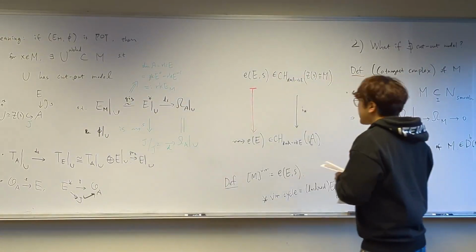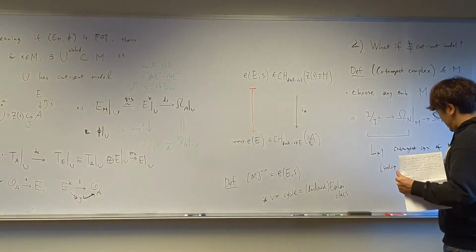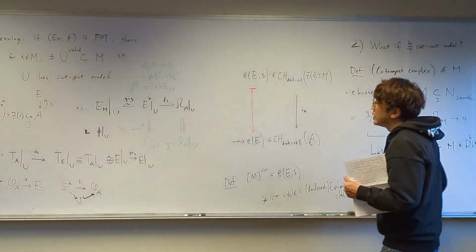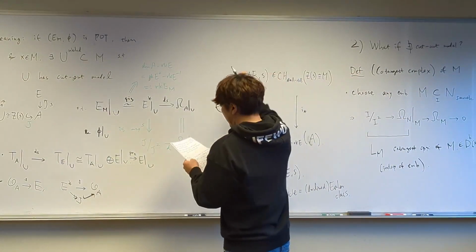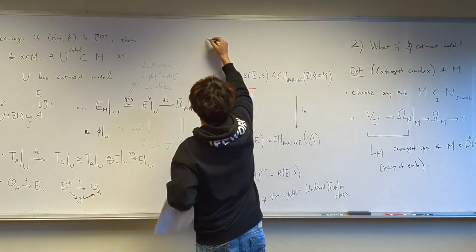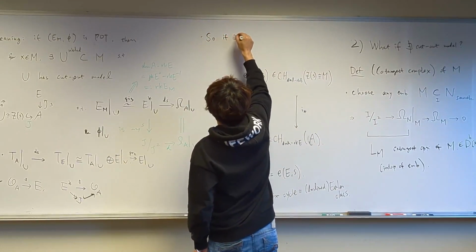Because this says that if we have a perfect obstruction theory, then we have local models of POT.